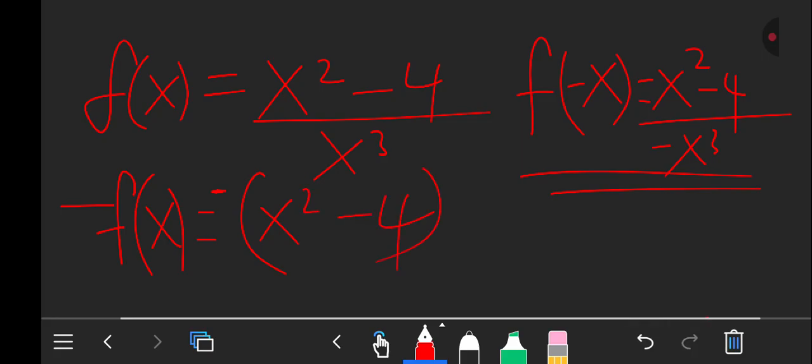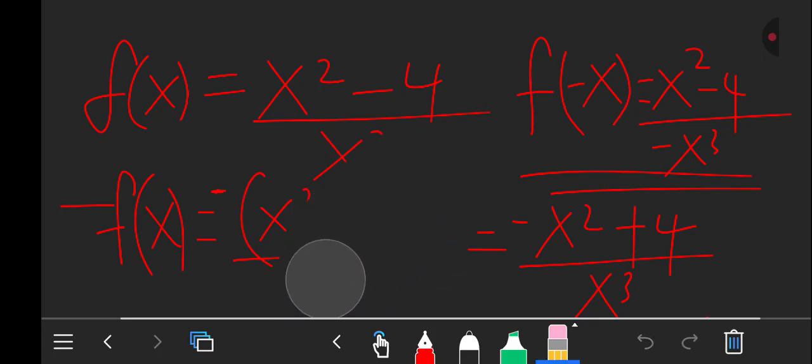So it will be equal to negative multiplied by x squared, that is negative x squared, negative multiplied by negative 4, that is plus 4, over x cubed.